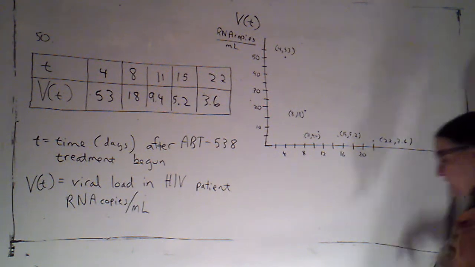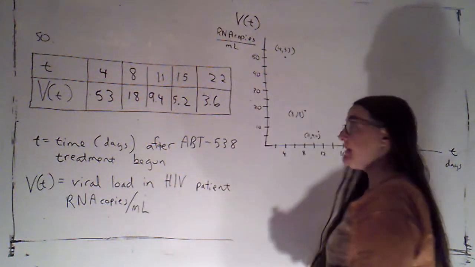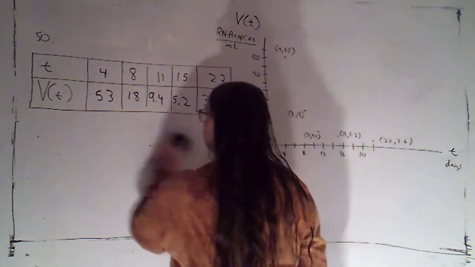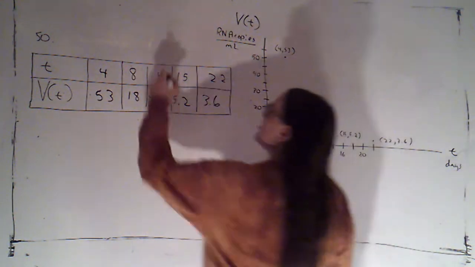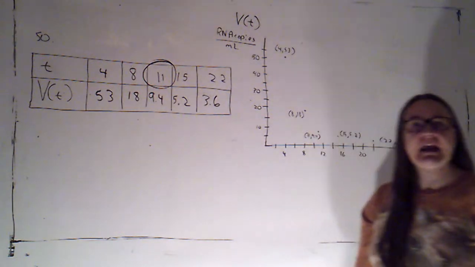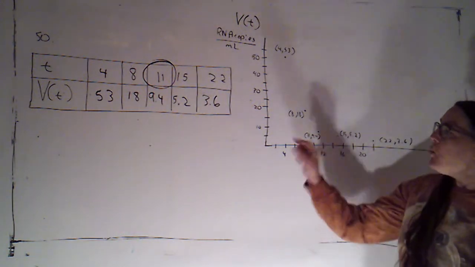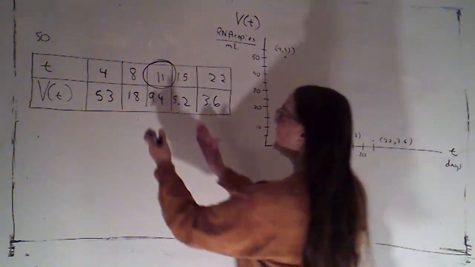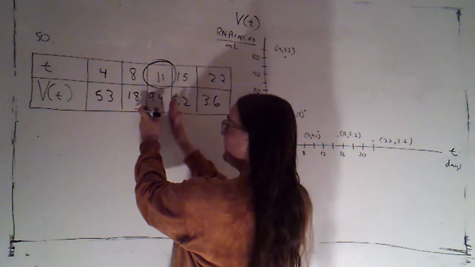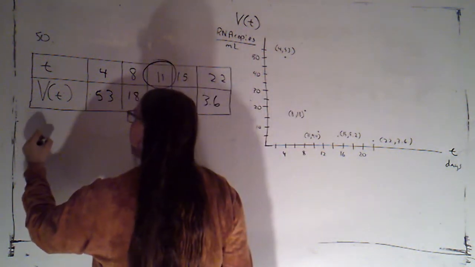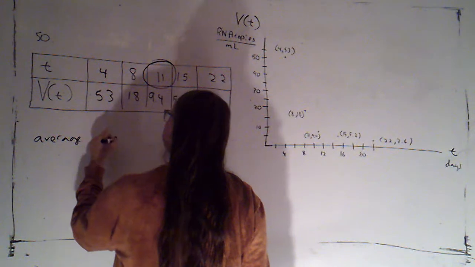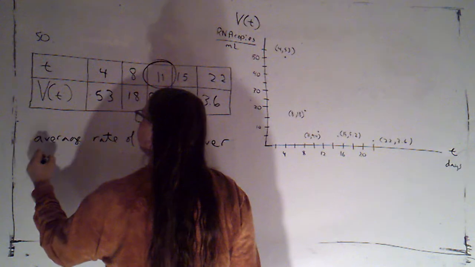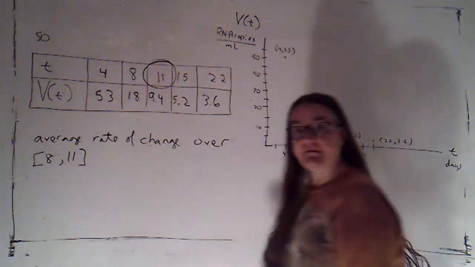What I want to do now is use this data to actually calculate a couple of rates of change and estimate an instantaneous rate of change. Let's suppose that the time we really care about is this time 11. What I'm going to do is calculate the average rate of change over the time interval including this time and the time before it. So the average rate of change over the time interval 8, 11.